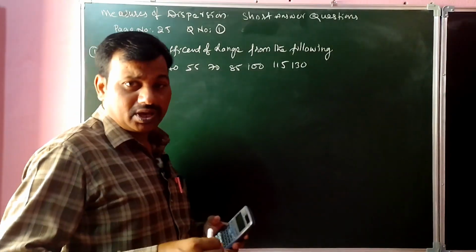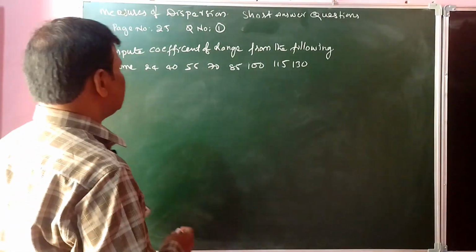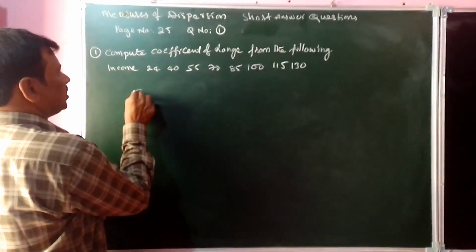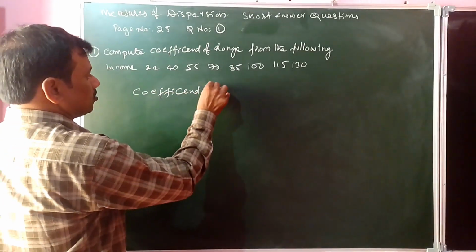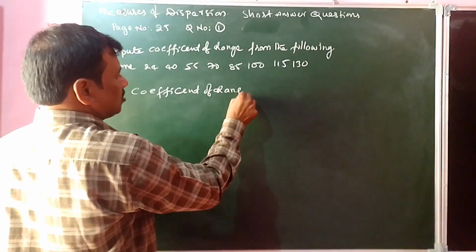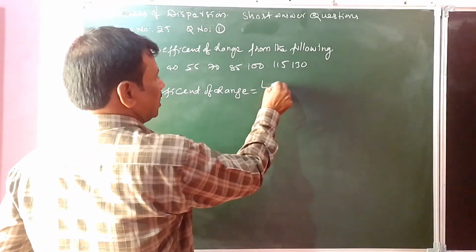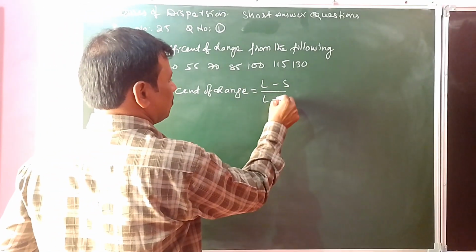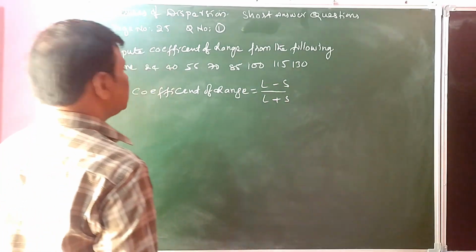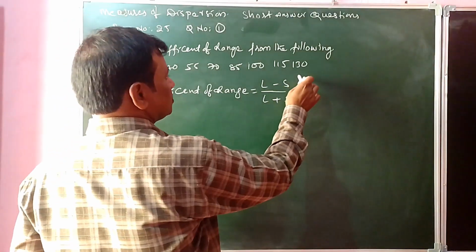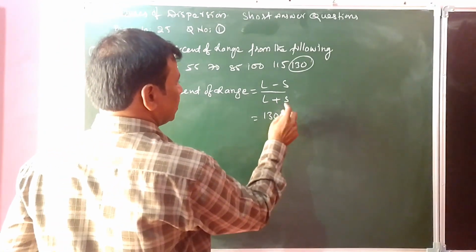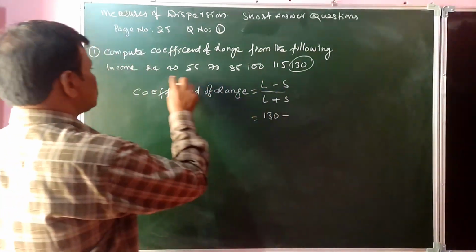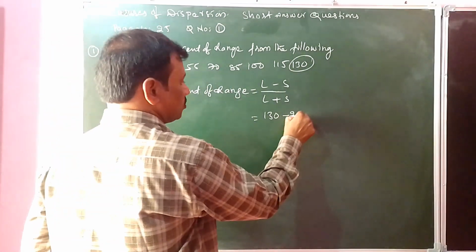First of all, we have to know the coefficient of range formula. Coefficient of range equals L minus S divided by L plus S. Here L means the largest item, that is 130, and S means the smallest item, that is 24.